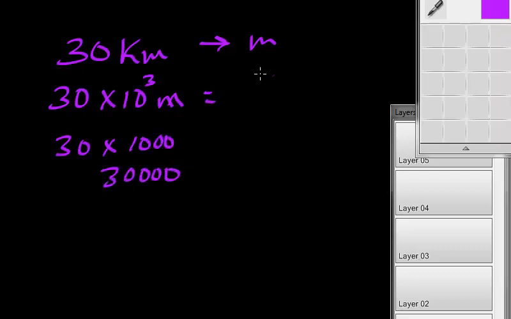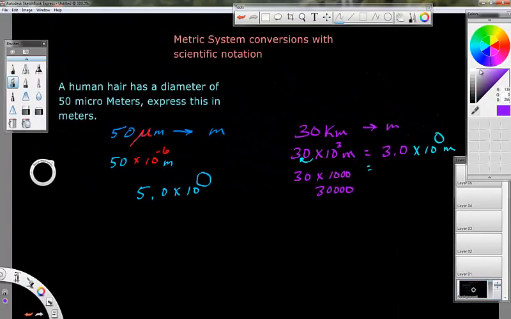If I make this 3.0 and move this back 1, and make it 3.0 times 10 to the mystery power meters, I still need to make this equal to 30,000 on the right side.